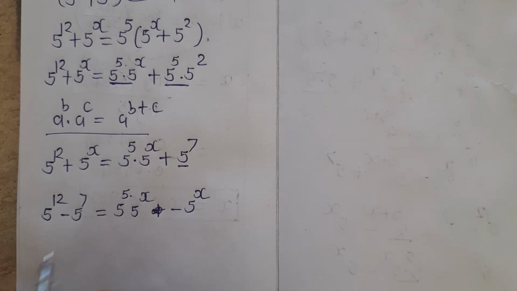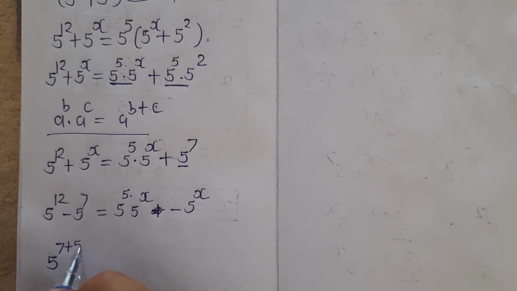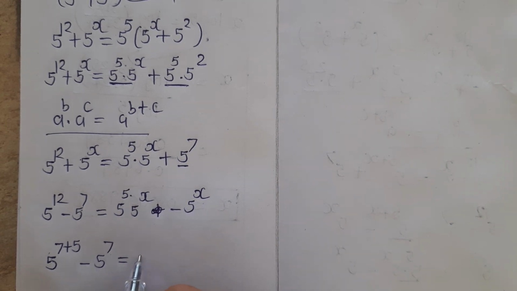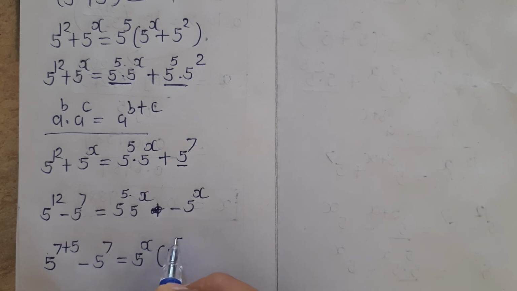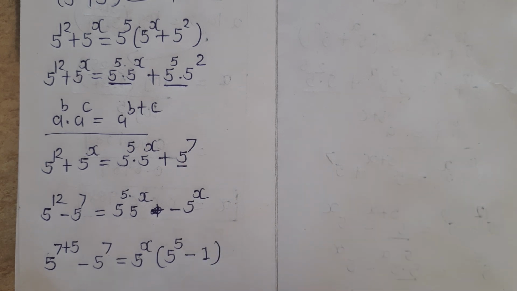Now on the left hand side, for this 5 raised to power of 12 we can write 5 raised to 7 plus 5, minus 5 raised to power of 7, and on the right hand side we can take this 5 raised to x common. So 5 raised to x, and in the bracket we have 5 raised to power 5 minus 1.